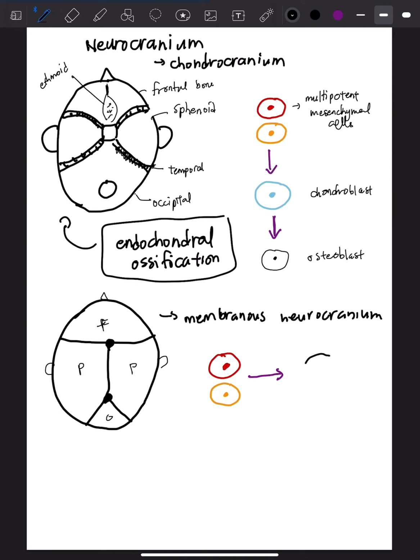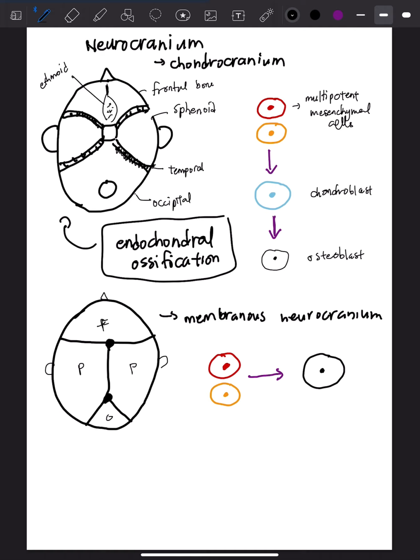They're going to straight away become osteoblasts, and this is how most of our bones are made. They go from the multipotent mesenchymal cell straight to osteoblasts. They don't have any cartilaginous model to base the bony formation on.